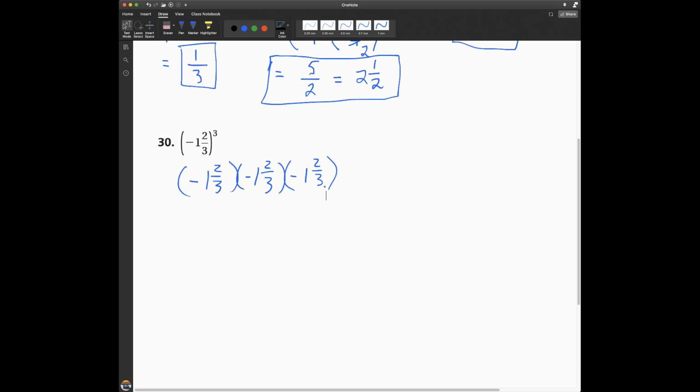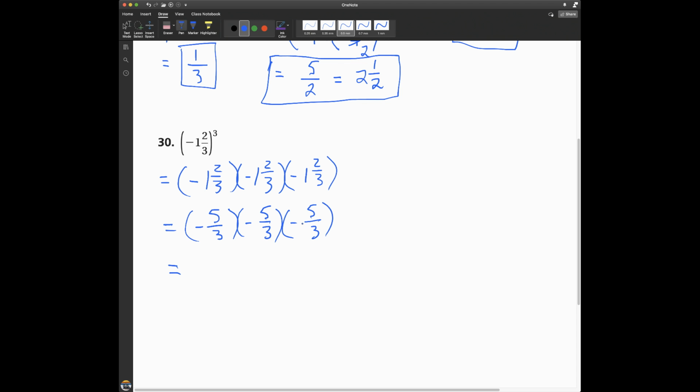All right, so let's go ahead and turn these into improper fractions. So 3 times 1 is 3, plus 2 is 5. So each one of these is going to be negative 5/3. Negative 5/3 here, and negative 5/3 here.